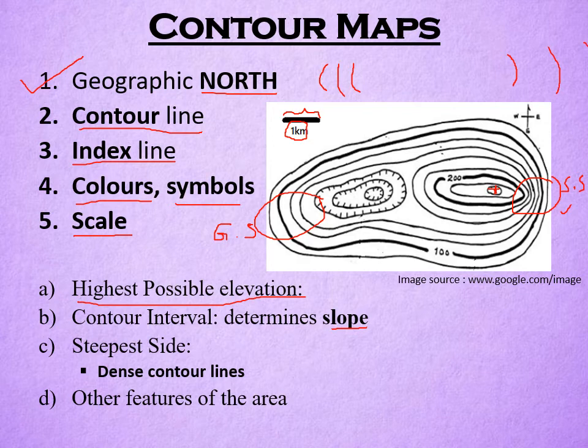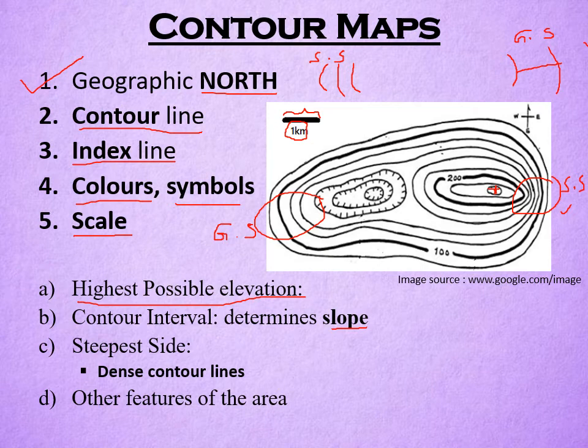So for this map, this one is the steeper slope portion, as the contour interval in this portion is narrow, whereas the contour interval in this portion is higher. So this one is the gentle slope portion. So the interval between two successive contour lines will vary in different parts of any given map, or it varies in contour maps of different regions.